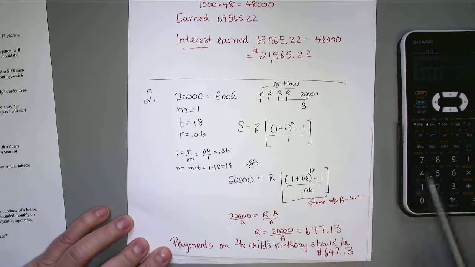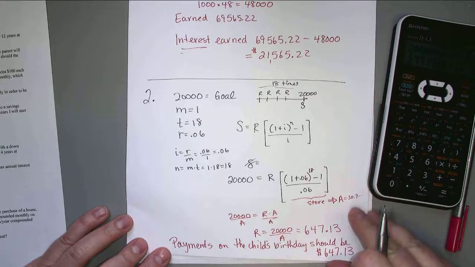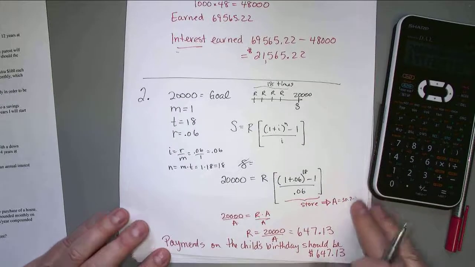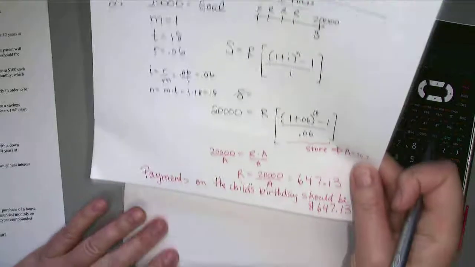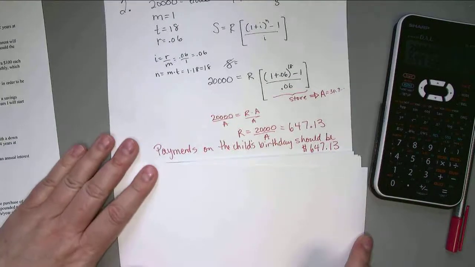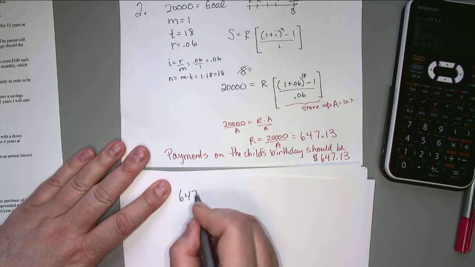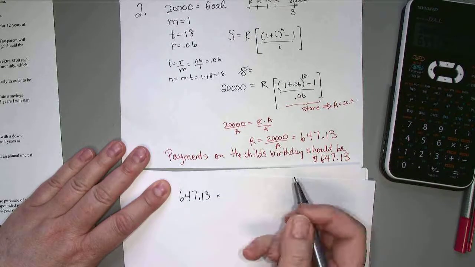So if we look at the interest again, because this is really a good thing to check. If you think about it, hopefully they've put in less money than they have at the end because they're saving. So it would grow, you'd earn interest on that. So they've done 647.13 how many times? They've deposited that 18 times.